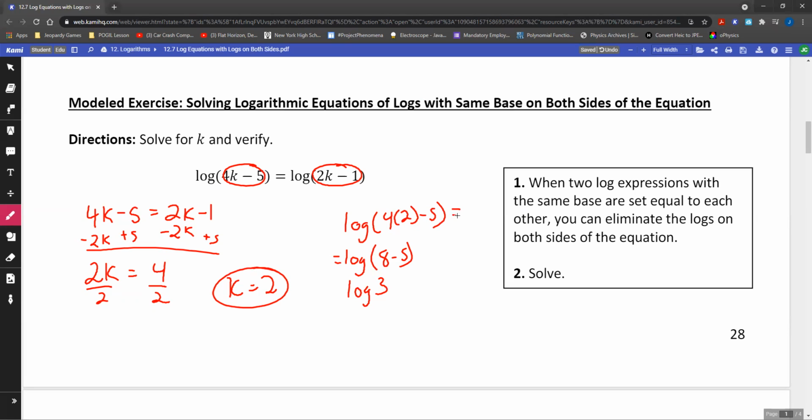They say that this is going to be equal to log 2 times 2 minus 1. So the right hand side now. So log 2 times 2 is 4. 4 minus 1 is log 3. So I get log 3 equals log 3, which makes sense.